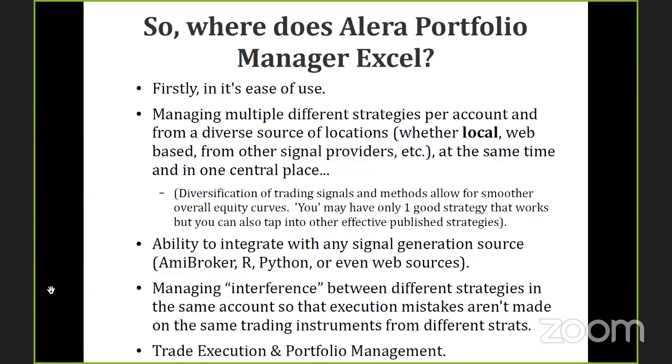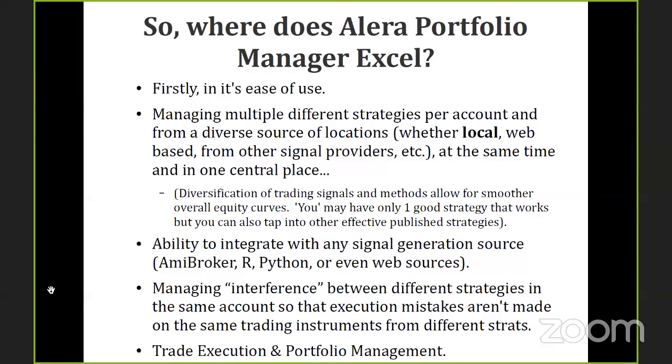One of the things that I really like about the software, and I really like it as a user, is being able to manage interference between the different strategies in the same account, so that execution mistakes aren't made on the same trading instrument from different strategies.